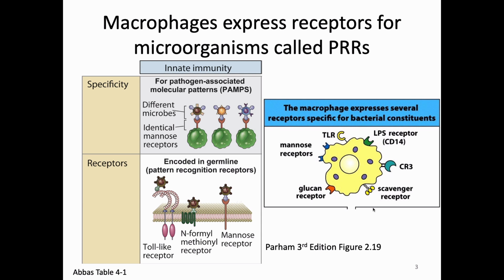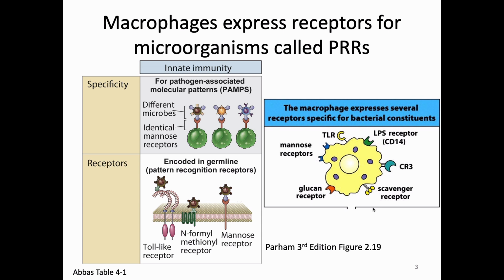It's also really important because that makes it very hard for the microbe to mutate and try to avoid or evolve around these receptors. This is a major structural component of the microbe. It's not something the microbe is going to change very easily. Whereas, as we'll talk about later, with the specificity of the adaptive immune system, the microbe can get around it. The microbe really is not going to be able to evade these in the same way.